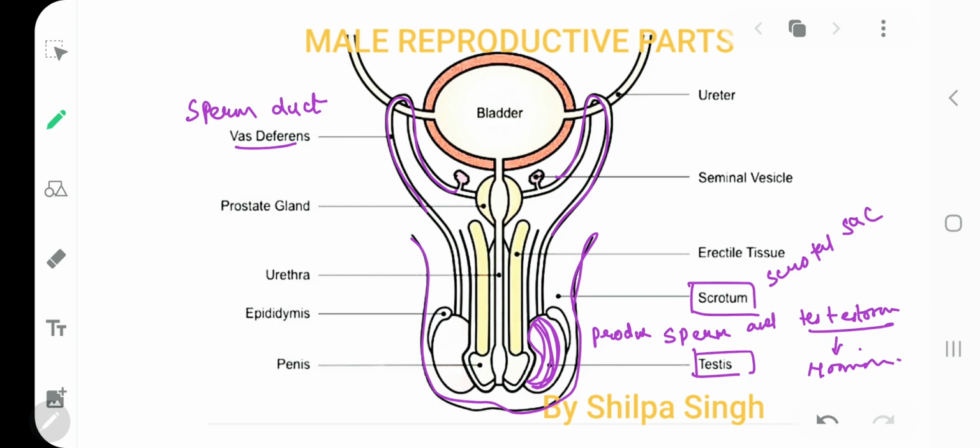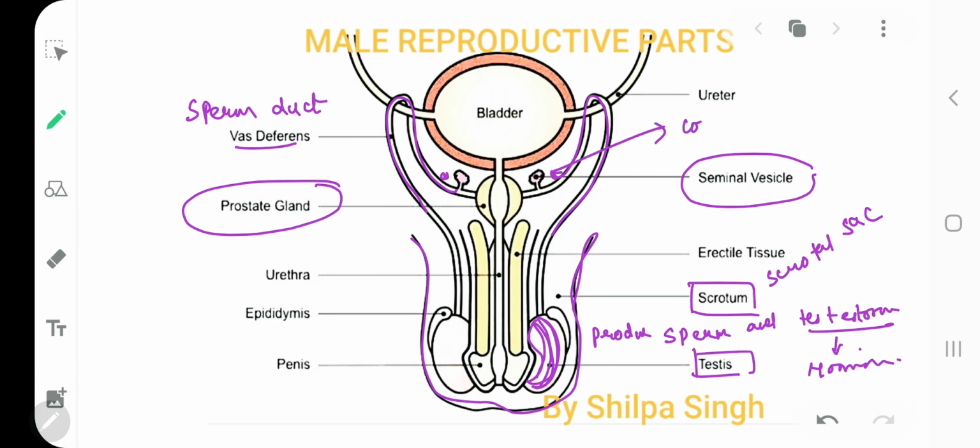Through the sperm duct, your sperm reaches the urethra, but in between they have to go through three main glands. That is the seminal vesicle, the prostate gland, and one more gland here, which is your Cowper's gland.